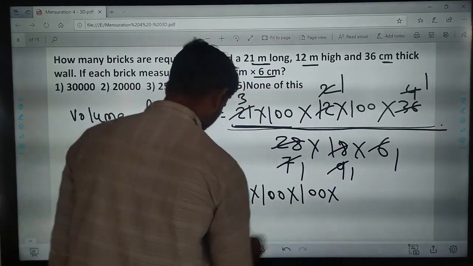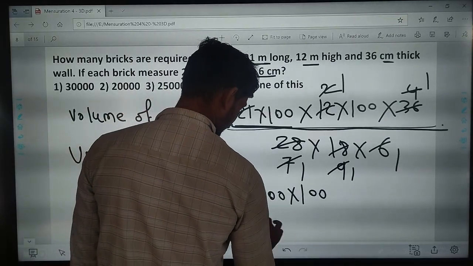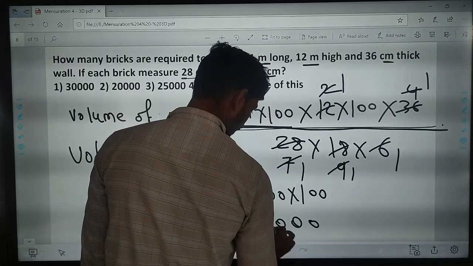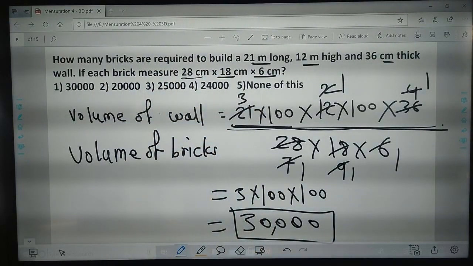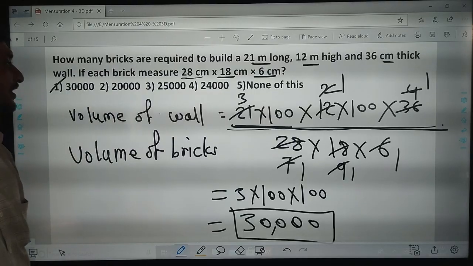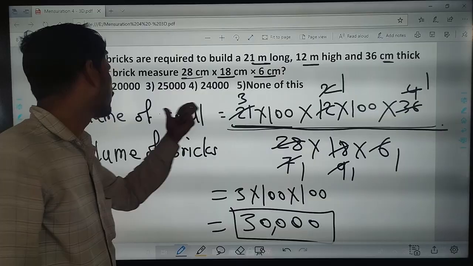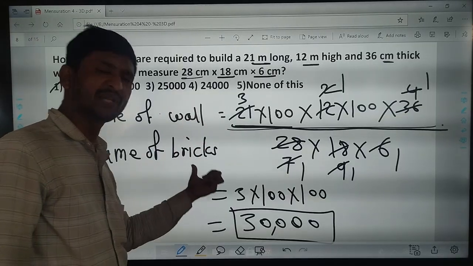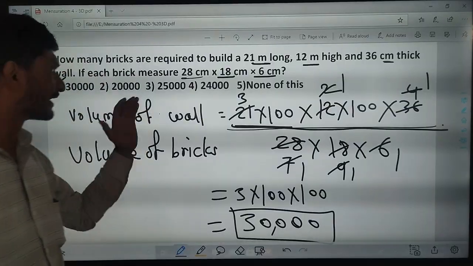Now here we get the answer. We require 30,000 bricks. Here we only get the volume of the wall divided by the volume of bricks, and then we get the total number of bricks required to build the wall.